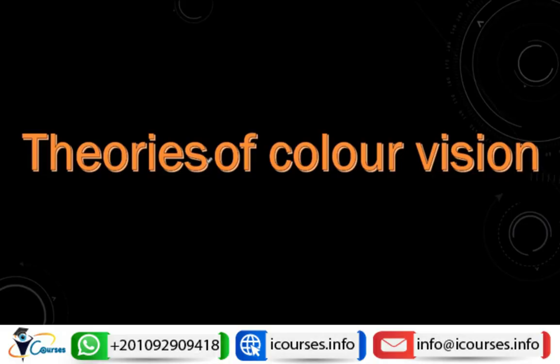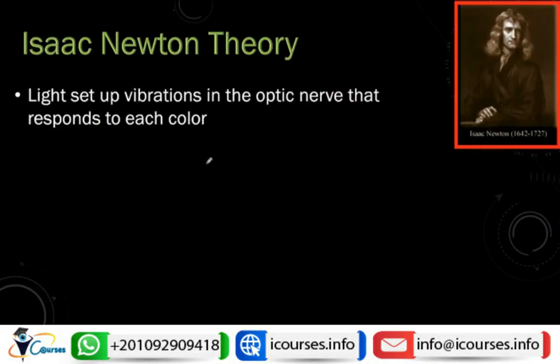This started about 300 years ago with Isaac Newton. Newton, who discovered gravity, also proposed a theory about the perception of color: that colors are only vibrations in the optic nerve. So the red color will produce some vibrations in the optic nerve, and the orange color will produce another form of vibrations.